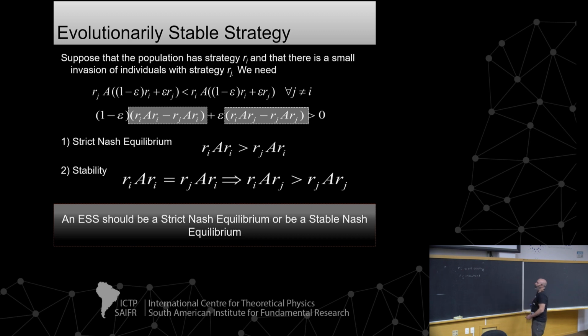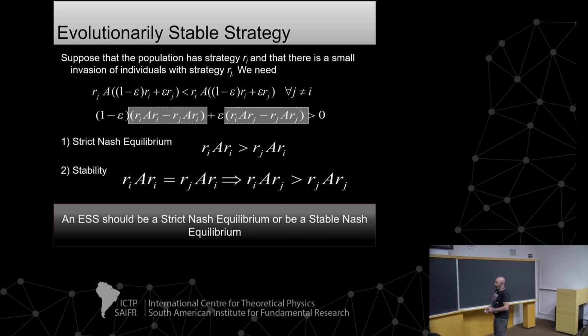So at the beginning, all the population was adopting strategy Ri, but now I have a mutant. At the beginning, all the population was like this, adopting the strategy Ri, but now I have a population that is like that.